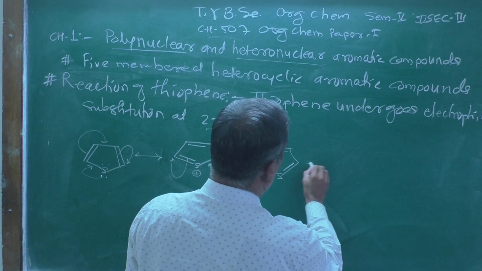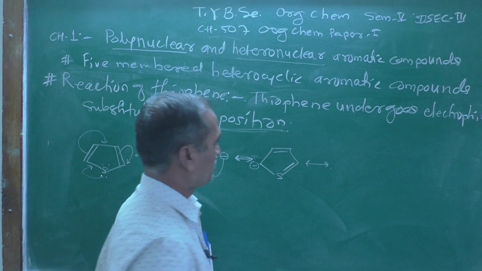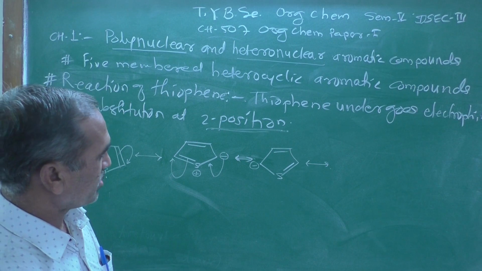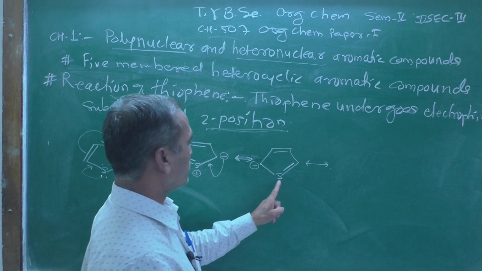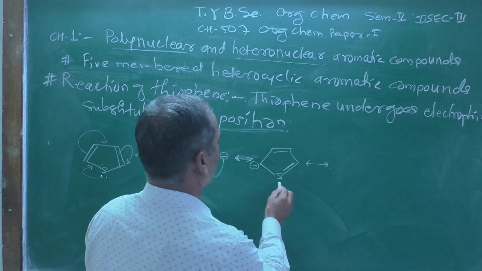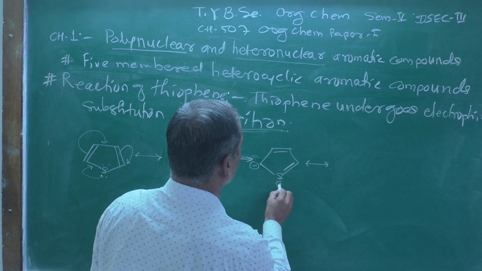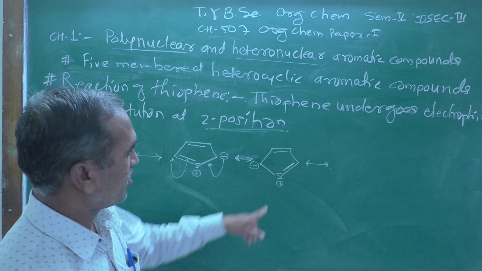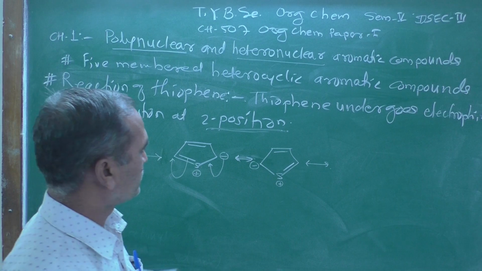Now in the next resonating structure, the sulfur still has 3 bonds, 1, 2, 3, and therefore the positive charge still remains on that sulfur atom.